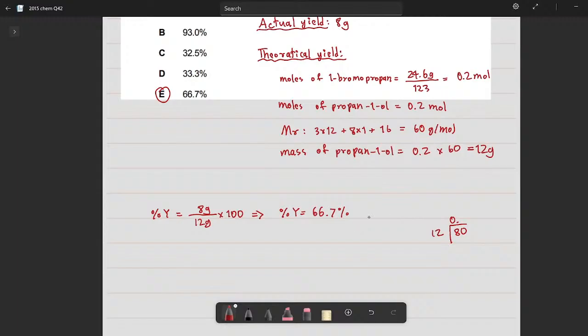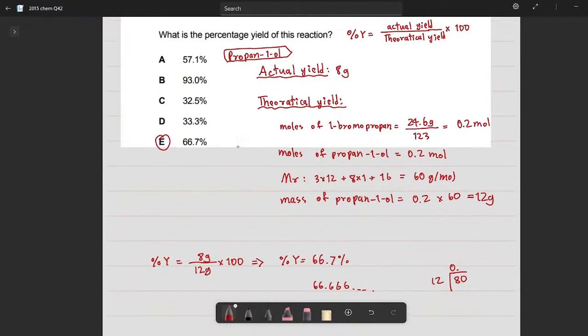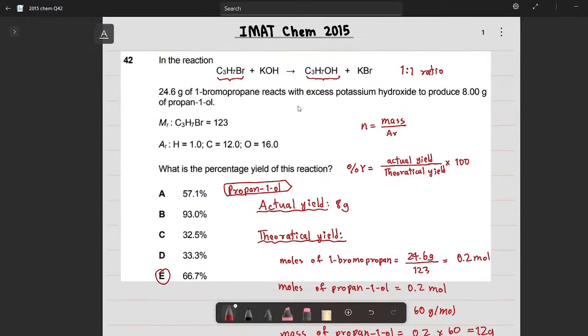But since this is an infinite number, because the actual value is 66.666 and continues forever, you just round it off to at least one decimal place to get 66.7. So this is the answer. That's how we solve the question.